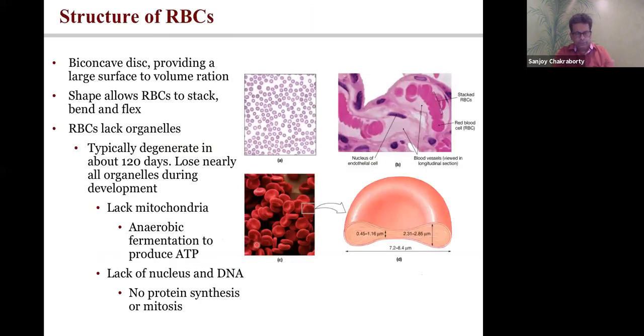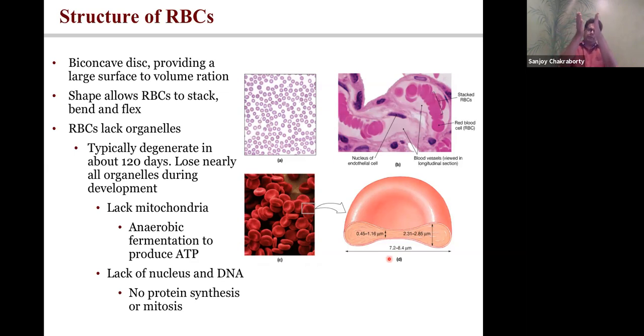Now, the structure of the RBC, how they look. Red blood cells appear as a biconcave disc. Basically, biconcave means a little bit narrow in the middle.